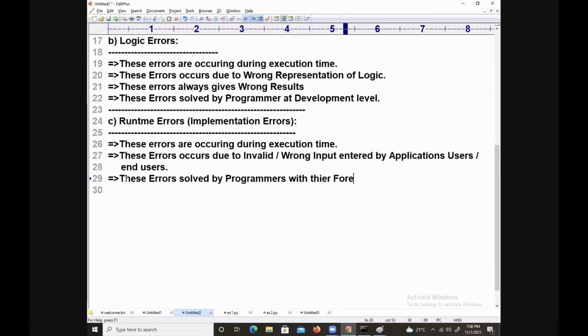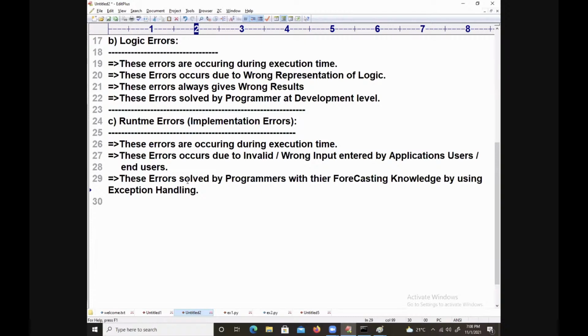I am using the word forecasting knowledge, which is nothing but more experience in the project. These errors are solved by programmers with their forecasting knowledge by using which concept? The exception handling concept.